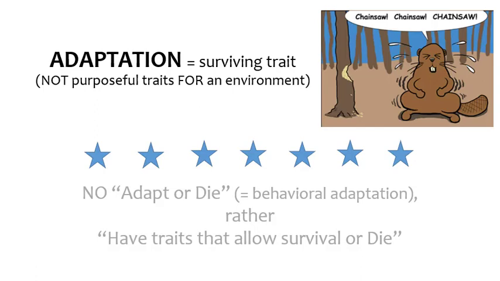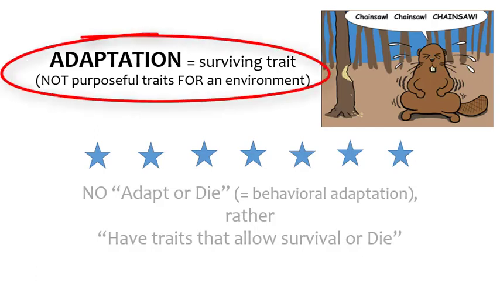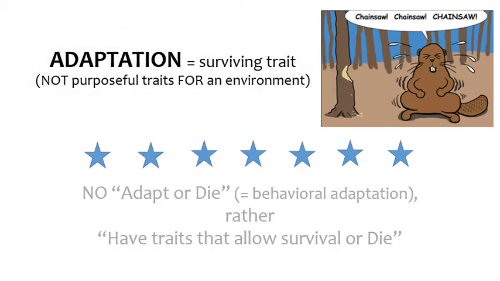In other words, it's not something you need to develop to survive. Rather, it's a trait that remains, that was successful after the struggle to survive. An adaptation is just a trait that has been successful in that habitat or niche.